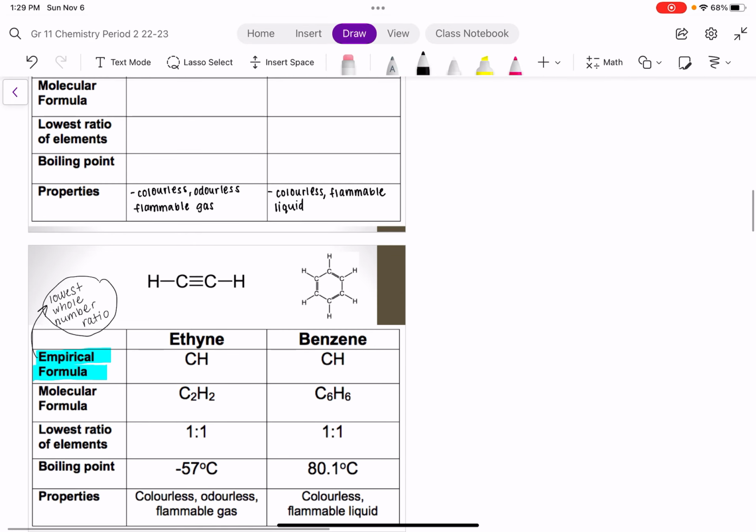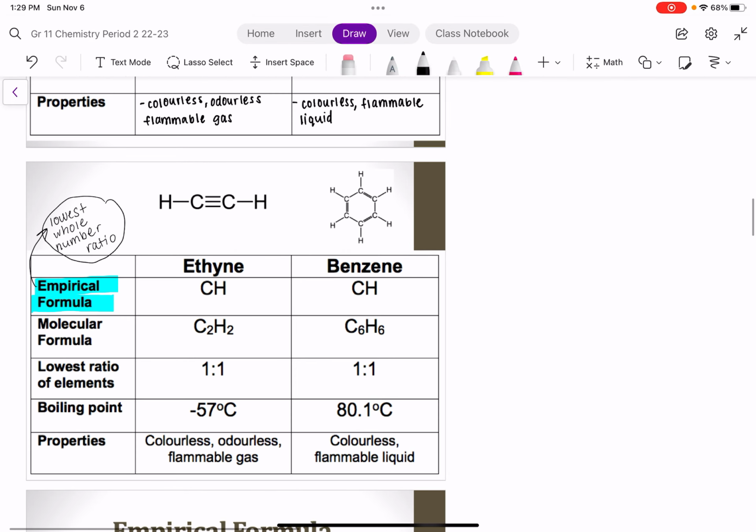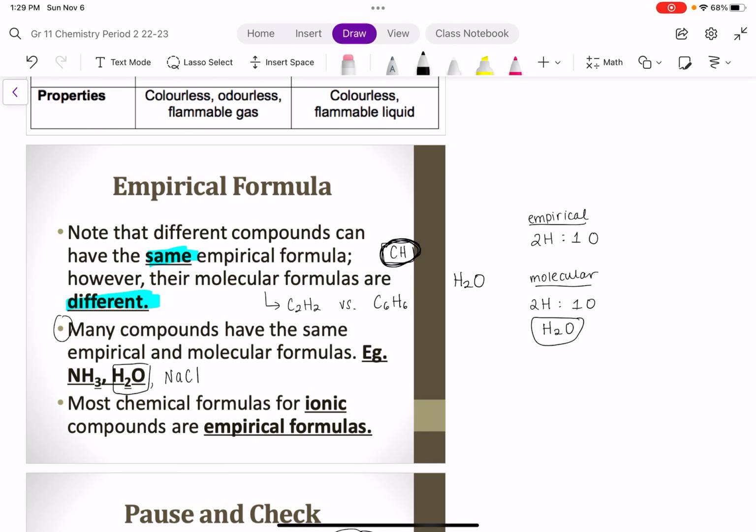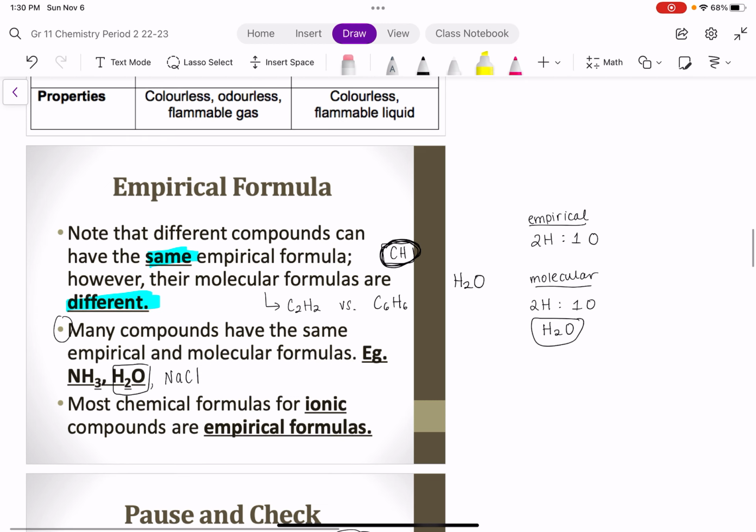We also copied down this table here. If you have not already, please do so. It says that different compounds can have the same empirical formula. However, molecular formulas can be different. Again, a lot of the compounds that we've been looking at have the same empirical and molecular formula, meaning we cannot reduce these ratios any lower.